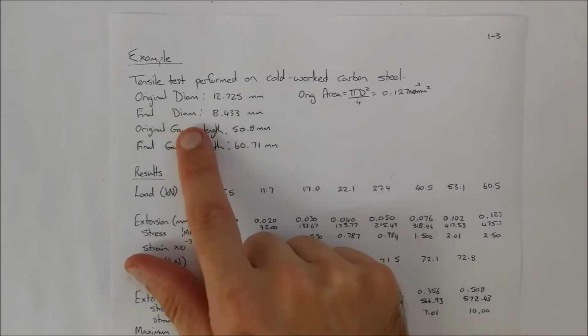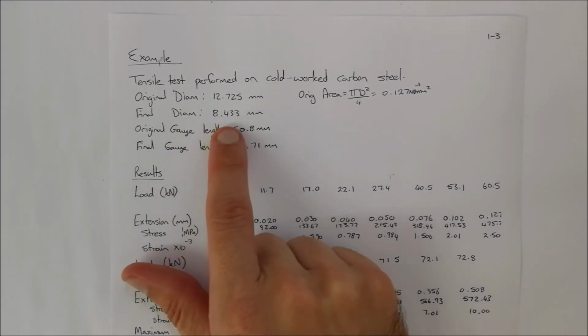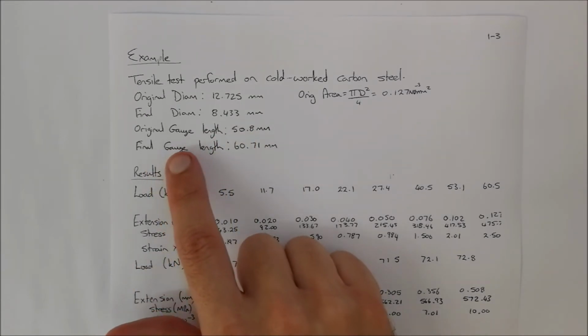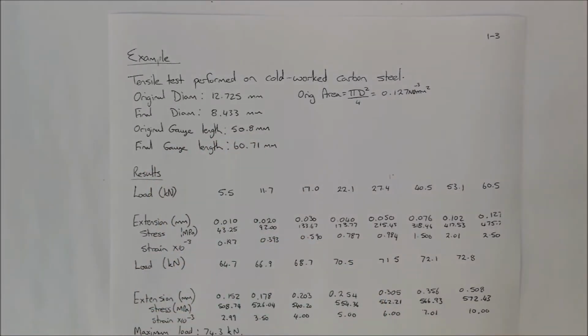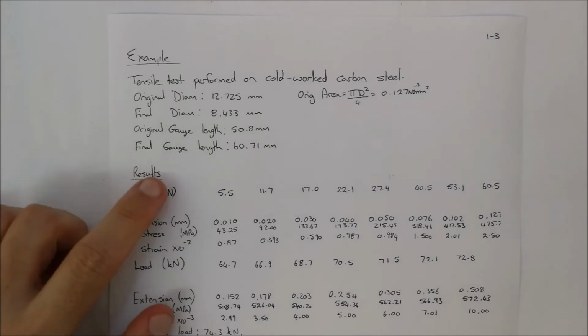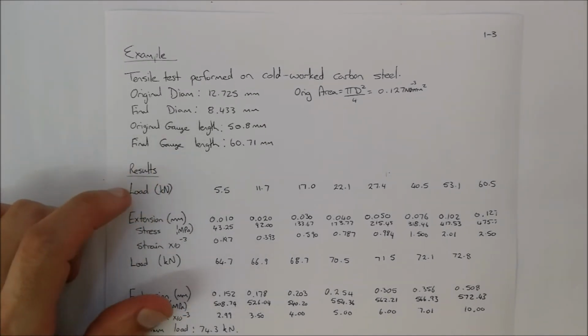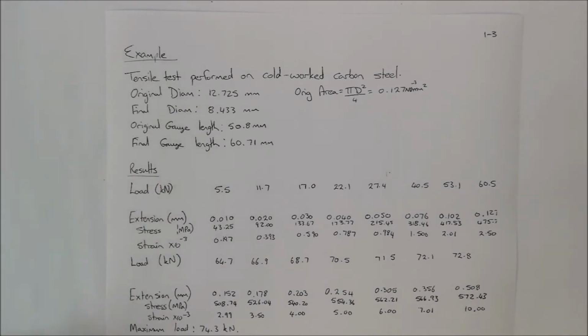After the test was done, the final diameter is 8.433 millimeters. Your original gauge length was 50.8 millimeters, which was the original length of the piece of material. After the tensile test, the final gauge length was 60.71 millimeters. So you're given this information.